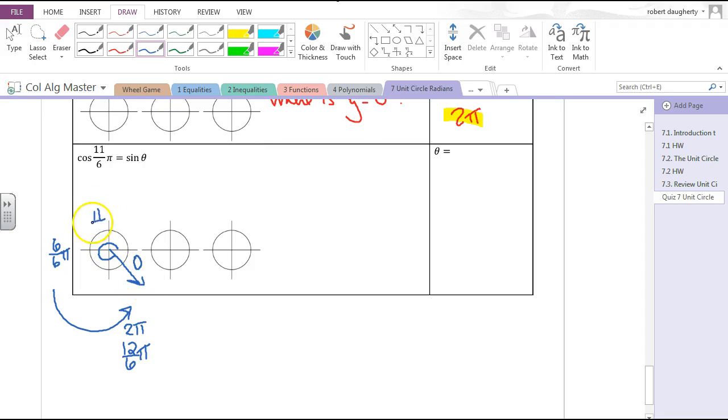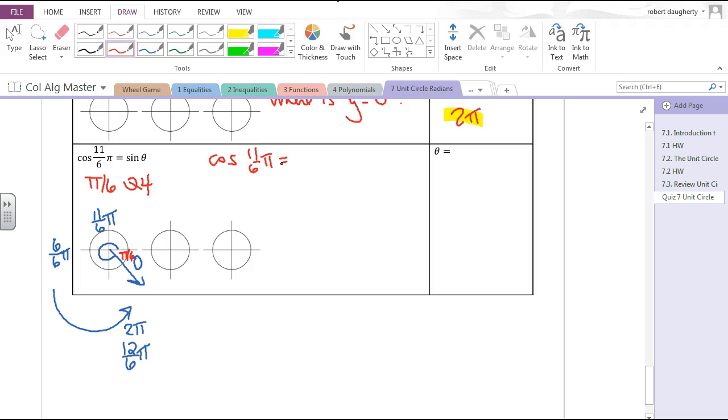So this is 11/6 pi. The difference between 11/6 and 12/6 makes this central angle pi over 6. So this is talking about pi over 6 in quadrant 4.